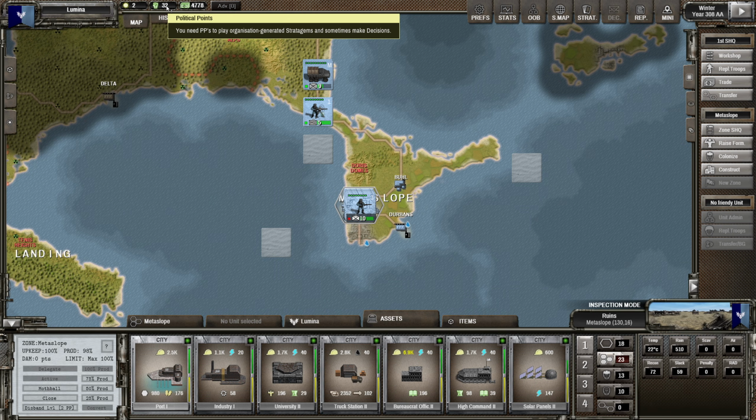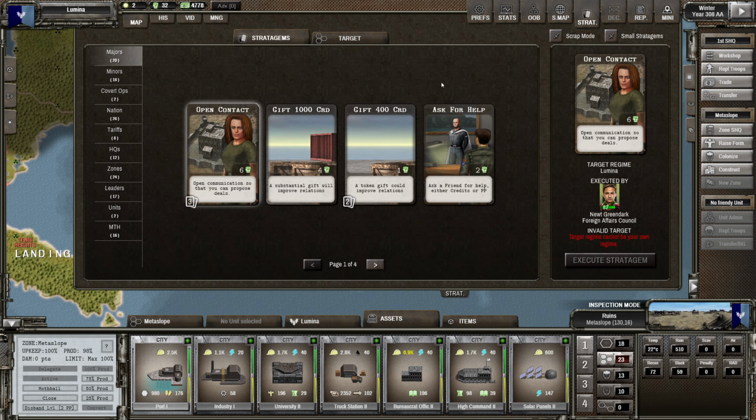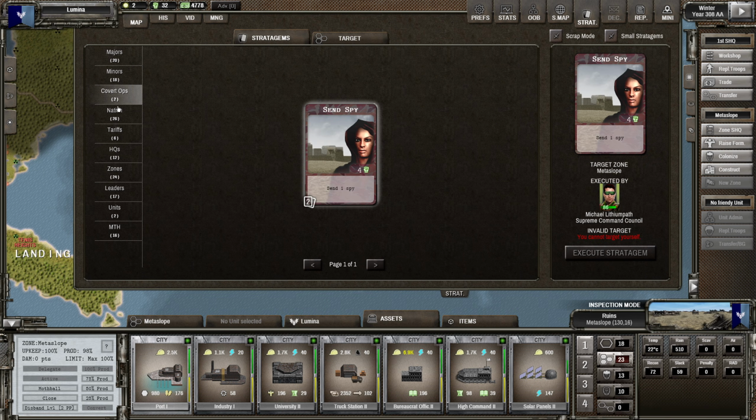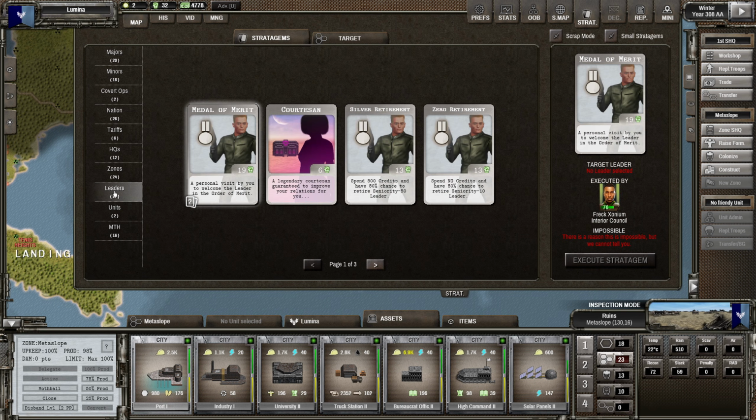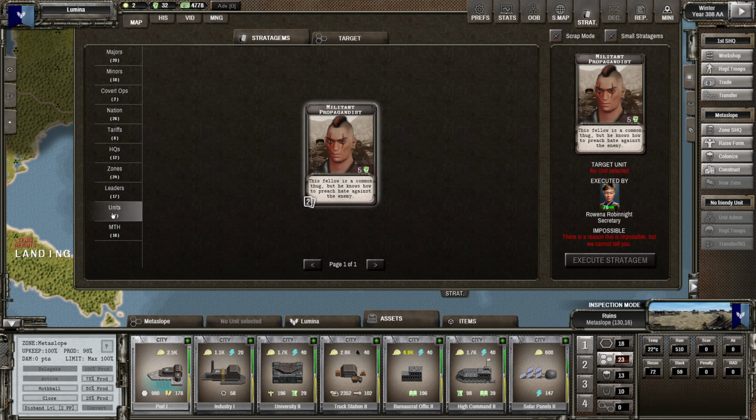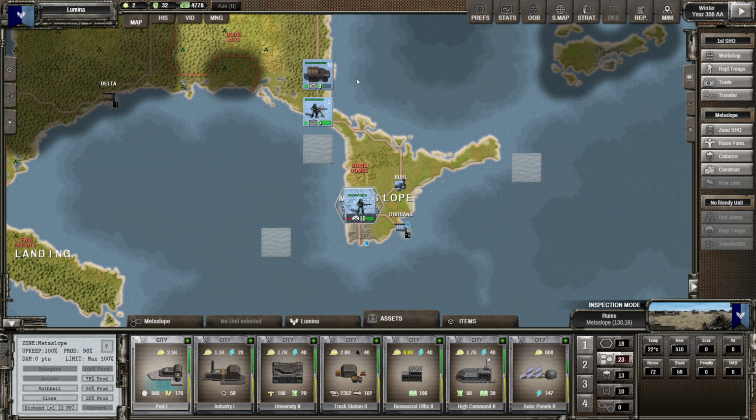Political power is used to do certain things in the game, and that's done via these stratagem cards. It's not a card game, Shadow Empire, but it uses cards as a way to abstract the things that your regime can do in certain areas. Again, we'll come back to that in a minute, but this is your political points.